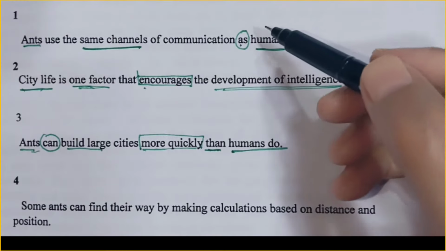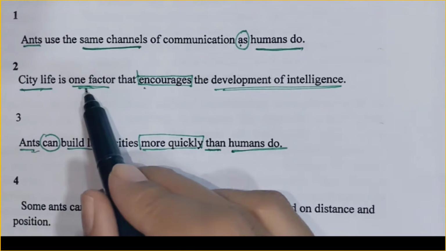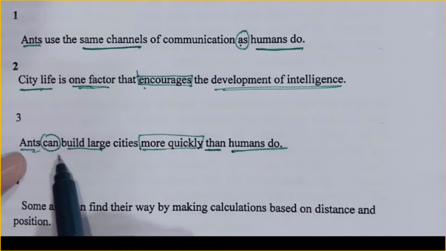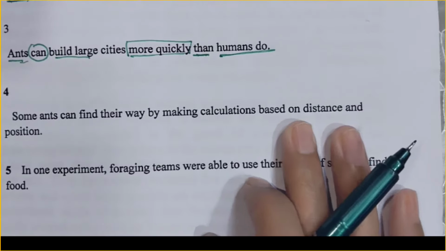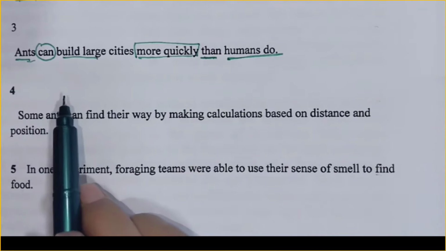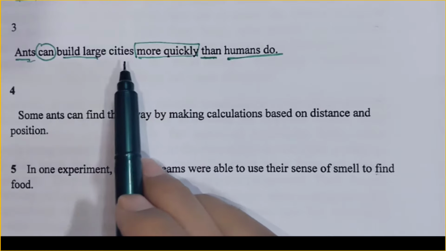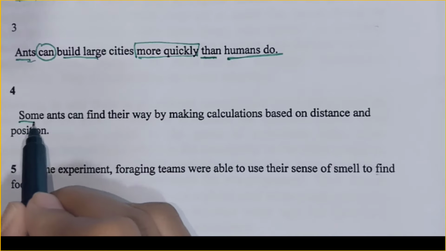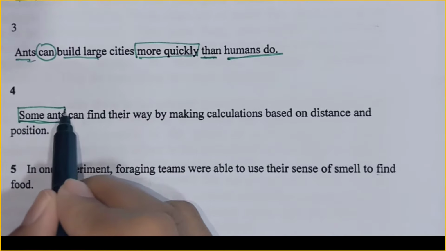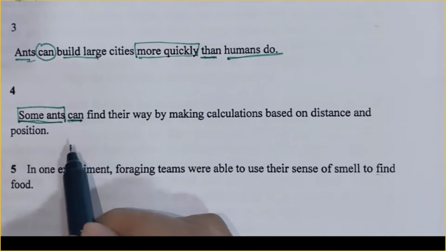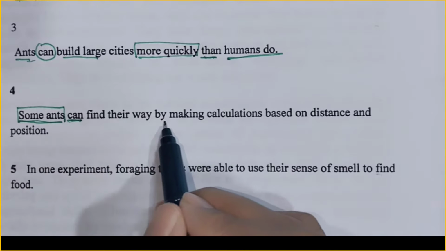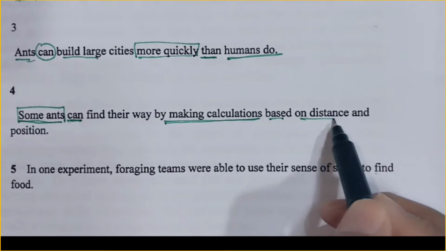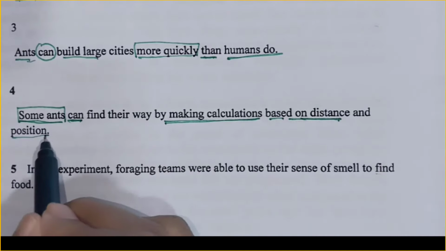As you can see, as, one factor, encourages, can, more quickly, than. The language of true false not given will always be like can, more quickly, almost, like that. Some is also very important. Some can, again the modal verb here, find their way by making calculations based on distance and position.